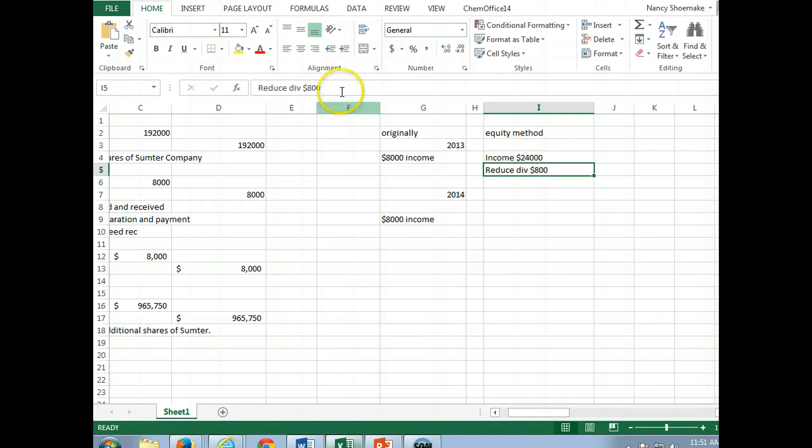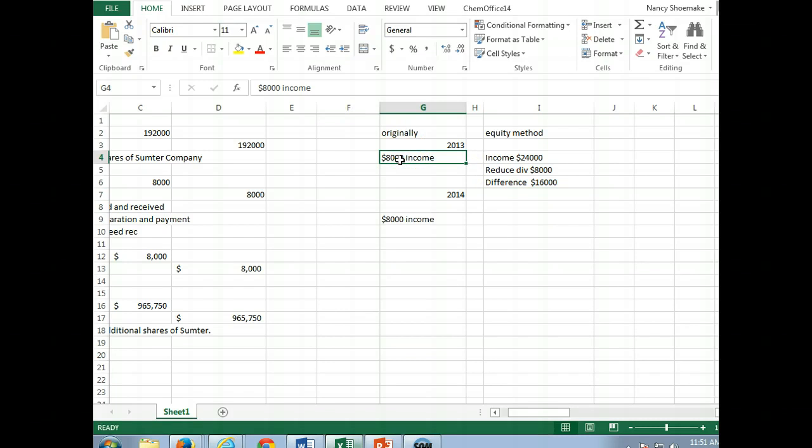So we'd ultimately have a difference here of 16. Okay? And here we're reporting 8.